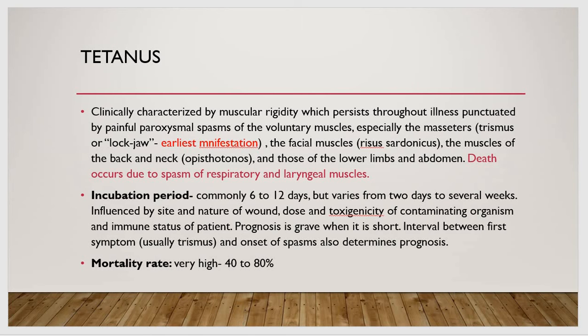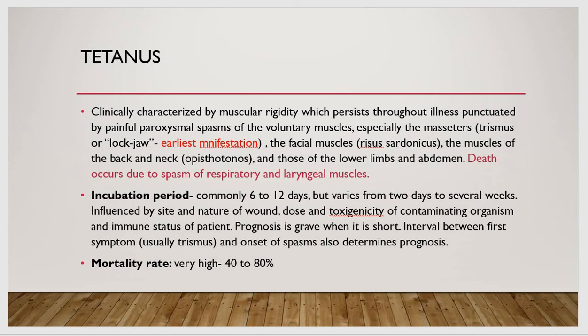Clinically, how do you see this? Clinically, tetanus is characterized by muscular rigidity. When you see a patient, he has immense muscular rigidity, which persists throughout the illness, punctuated by painful paroxysmal spasms.